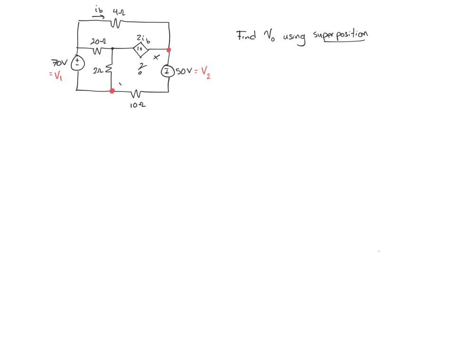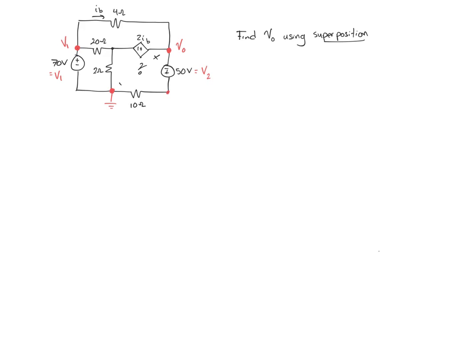I'm going to choose this node on the bottom to be ground for a couple reasons. One is I now know this node above the 70 volt source is known, label it V1. But also, the node on the far right is going to be V0, so I'm solving for V sub 0 directly in this case.